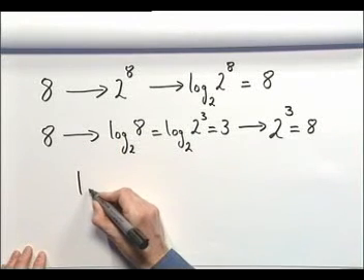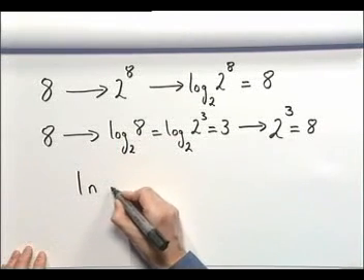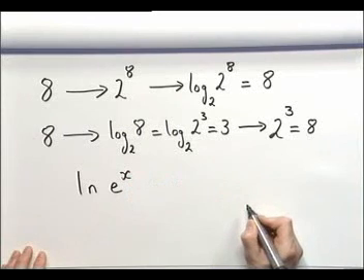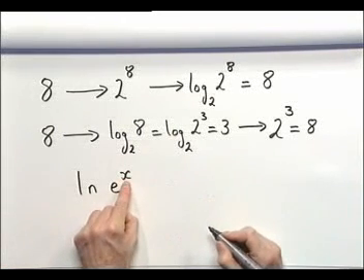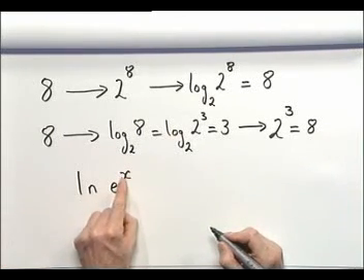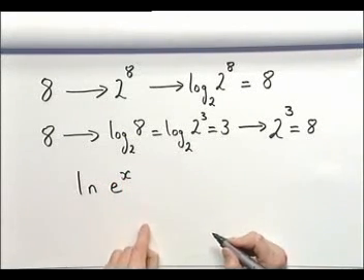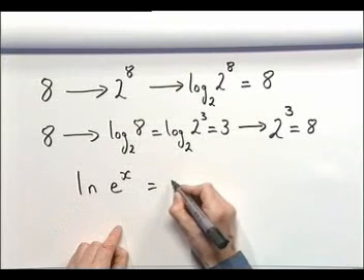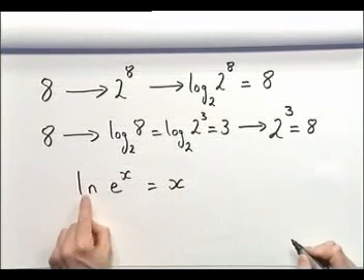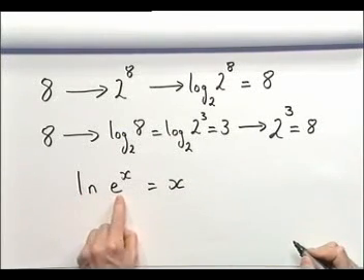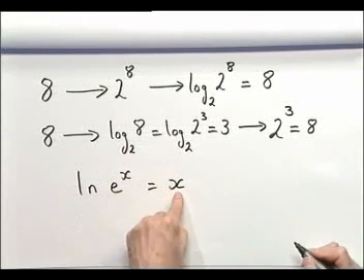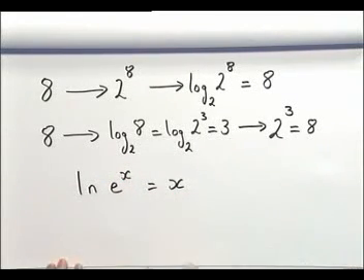Well, it means that the natural log of e to the x, here I've taken x as a power, and I've raised the base e to that power x, and then I've taken the log. The log undoes what I did with the x and leaves me with x again.